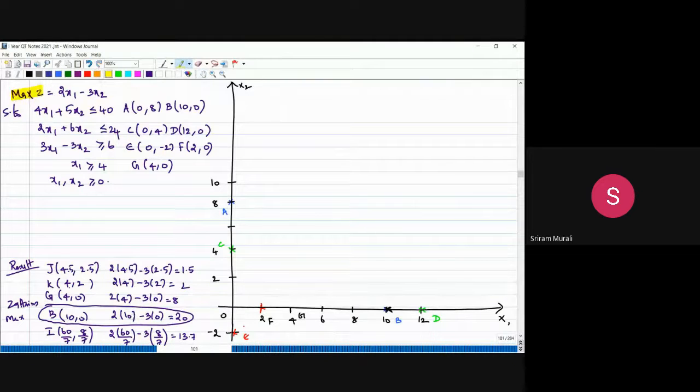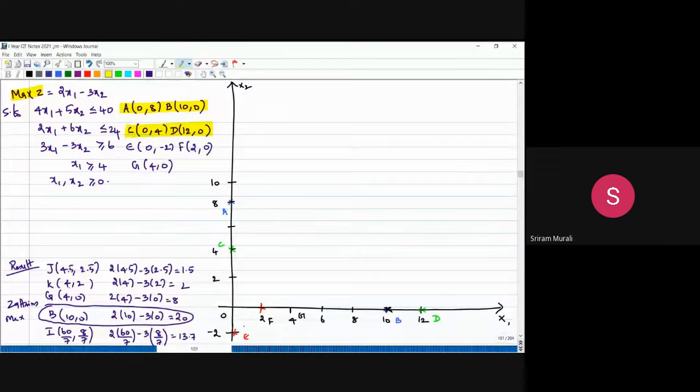Subject to three constraints, first, no right hand side is negative. Then take x1 is equal to 0, what is x2 for the first line? Take x2 is equal to 0, what is x1 for the second line? Find this. In the same way, take x1 is equal to 0, what is x2? Take x2 is equal to 0, what is x1? Find this.